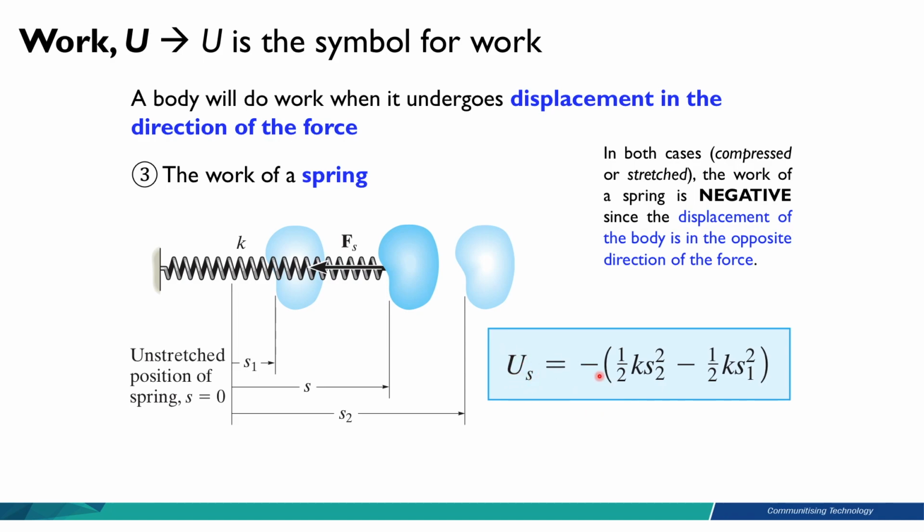US is equal to minus half K S2 squared, the final length of the spring squared, minus half K S1 squared, S1 being the initial length of the spring. So this is the equation to calculate the work done by a compressed or a stretched spring.